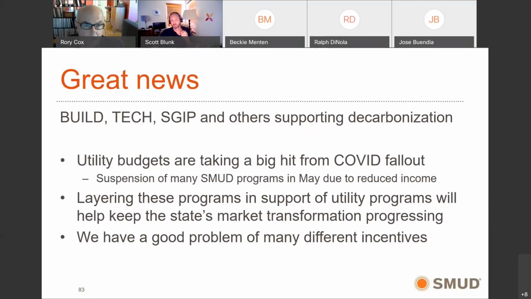But these other incentives that are coming on through Rec Build and SGIP are really going to help spur the program, and hopefully augment what we're doing and allow us to use our budgets to do more. SMUD has no plan to do less because there's money coming in. So we're really hoping to do a lot more. Next slide.